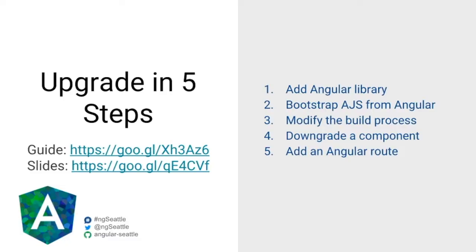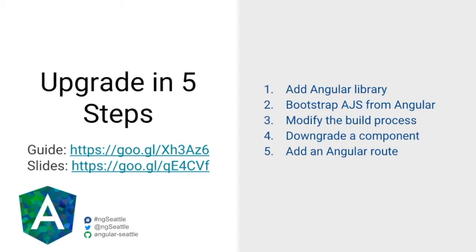The slides that you're seeing here are the second link. On the GitHub repo, the Angular Seattle GitHub, there's an extremely detailed guide that goes into way more detail than I'll be covering here. I'll still be going over quite a bit of detail, but I put the guide up as verbose as possible.